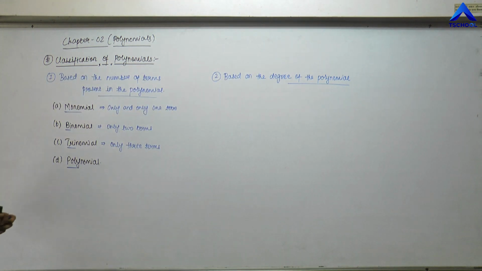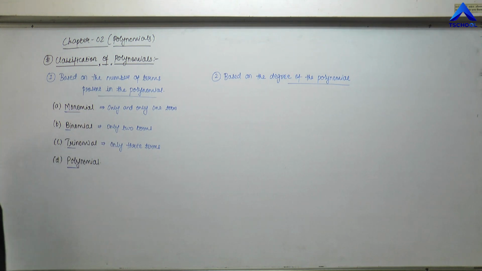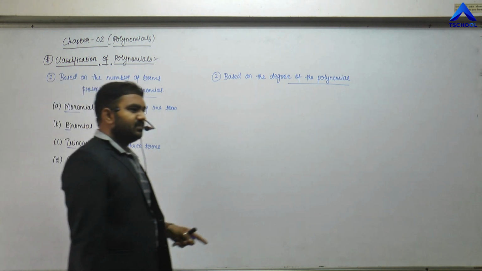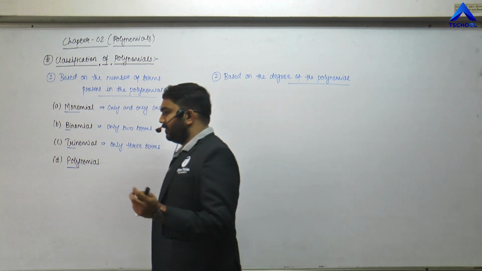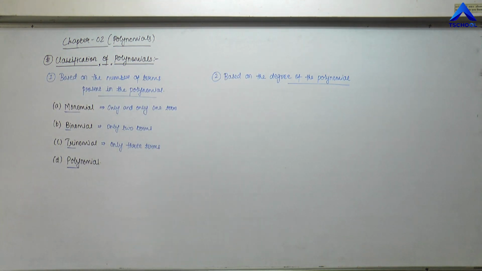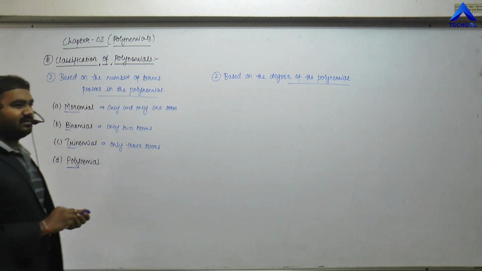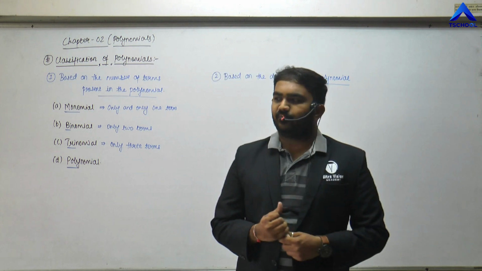So monomial means the polynomial containing only and only one term. Binomial means a polynomial containing only 2 terms. Trinomial means a polynomial containing 3 terms. And polynomial means an expression containing more than 3 terms; it is classified as a polynomial.